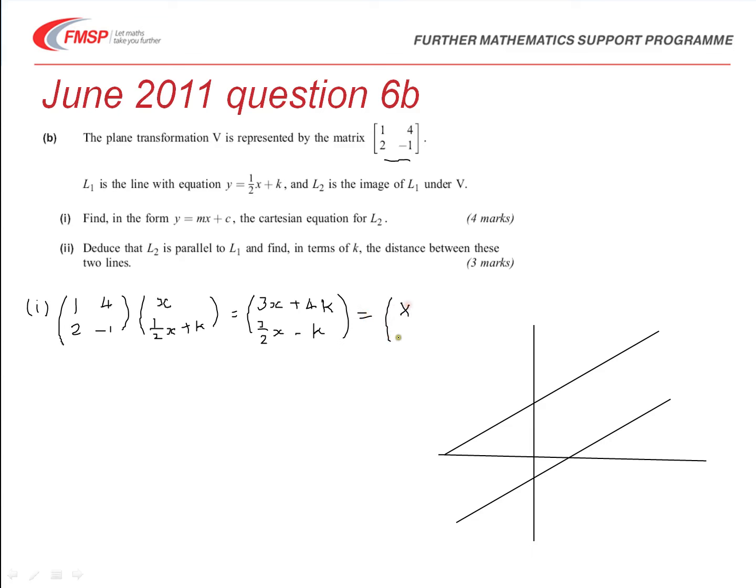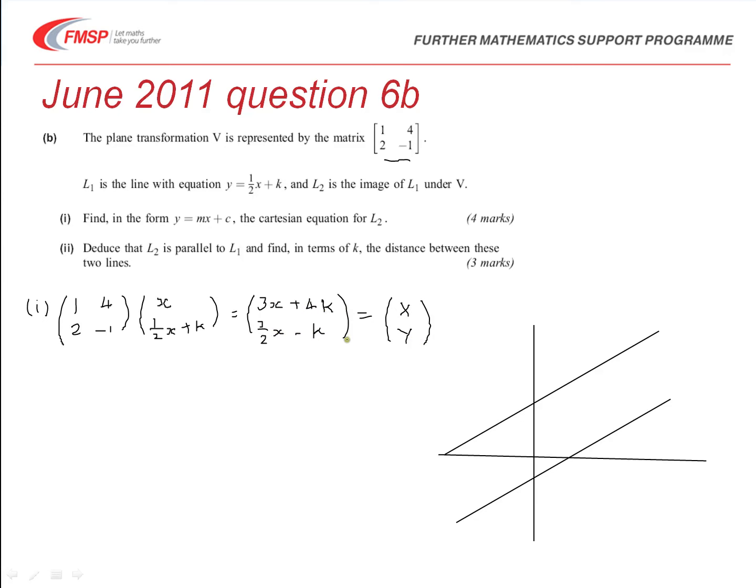So that's our image of the original line, and we want that in its Cartesian form. So if we call the image line big X, big Y, then what we can do is to solve or eliminate the little x's from the 2 equations. Big Y equals 3 over 2x minus k, and big X equals 3x plus 4k.